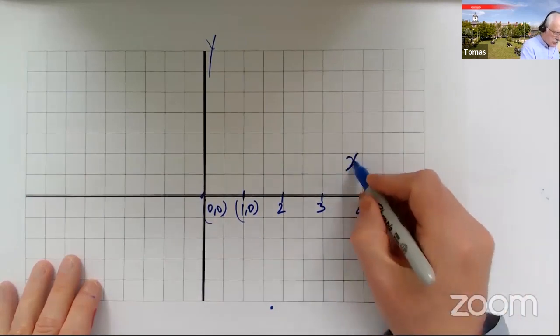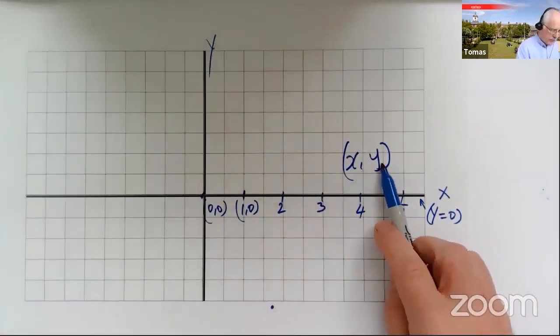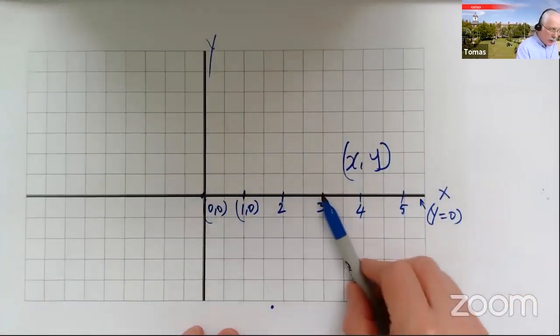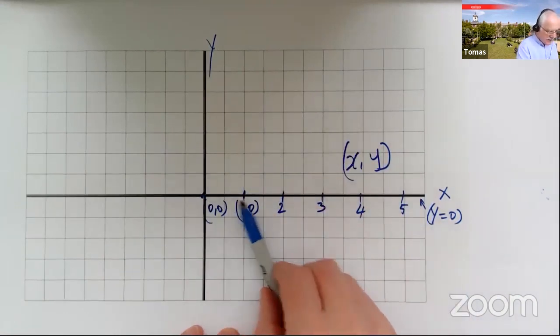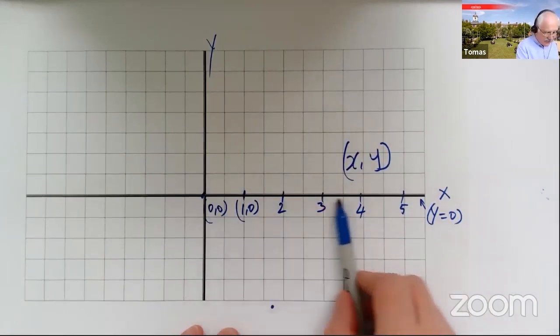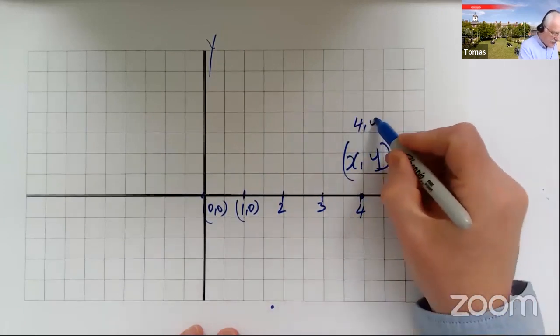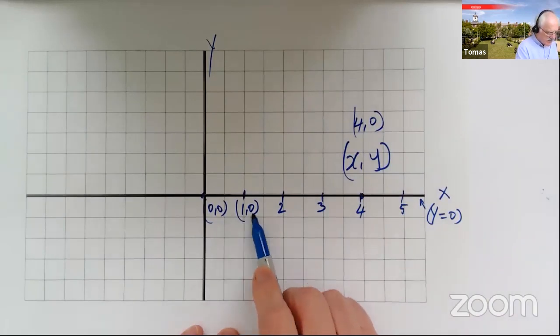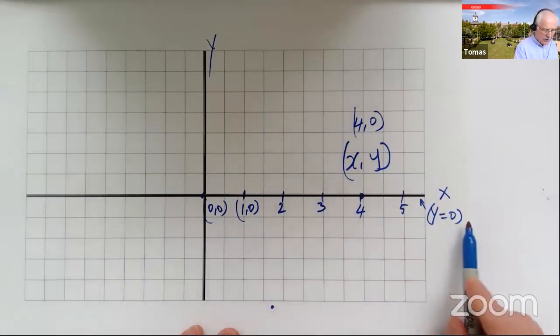Because we always have x, y as our coordinates. Always x first in the alphabet and then y. So we always go out and up, 3 out, 2 up. We always do it that way. So 4 naught is 4 out and nothing up. So that's the point 4 naught. But every single second number here, naught naught, 1 naught, 2 naught, 3 naught, 4 naught, actually has a y value of 0.